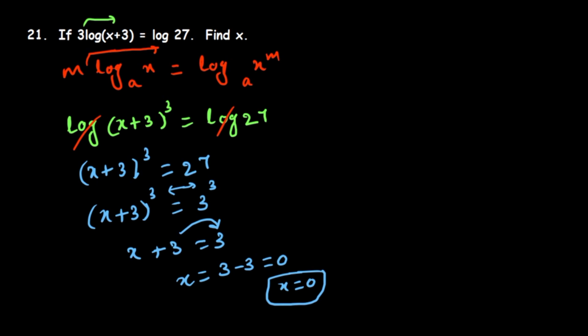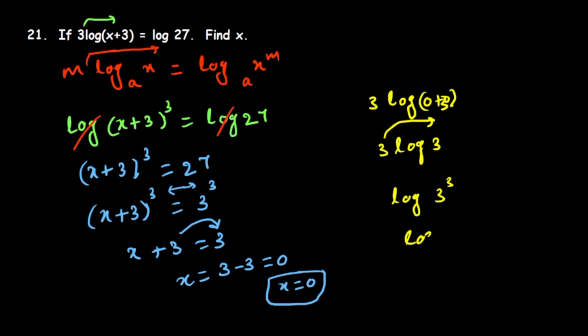For example, the question given 3 log (x plus 3), that x I am taking here 0, 0 plus 3. Okay, so then the next step we get 3 log 3, right? Then we get this 3 here, so it is log 3 cube, that means log 27. So this is given at right hand side.